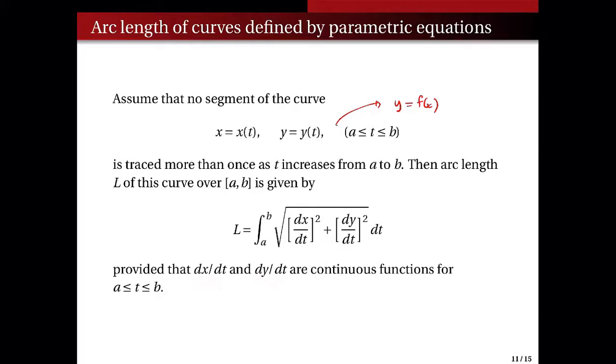Furthermore, we don't want the case where at some point dx over dt equals 0, and at the same time dy over dt equals 0 at some point t equals t naught, of course inside the interval ab.